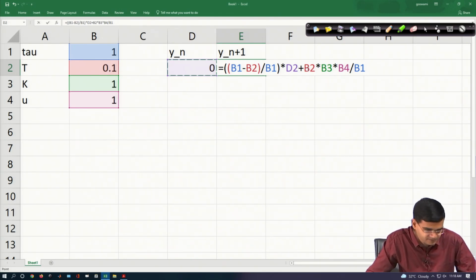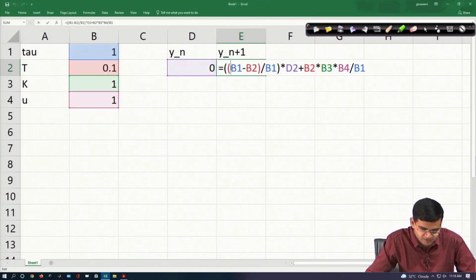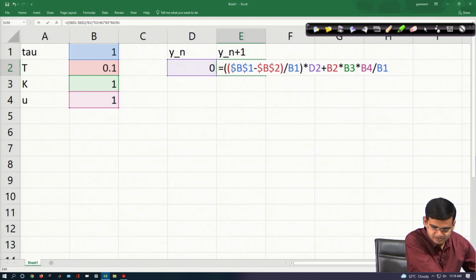Okay. This is the formula, and what I need to do is I need to make all of these quantities constant. So, everything with a dollar sign would be a constant.